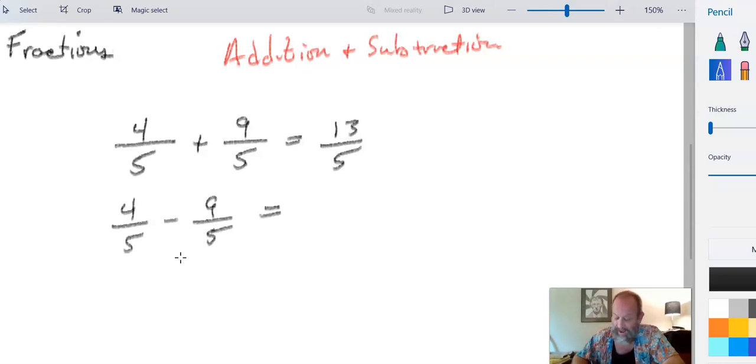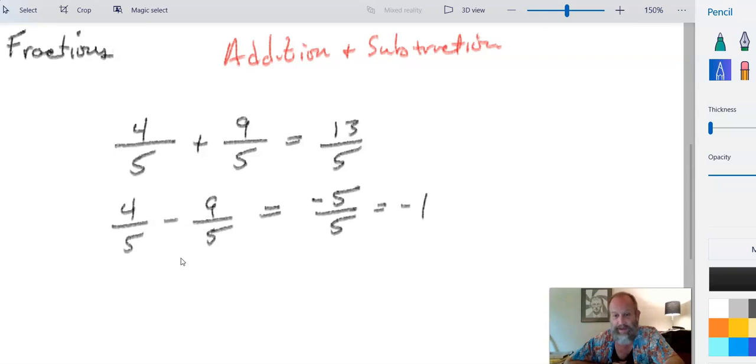In which case, I have 4 of these fifths and I'm taking away 9 of these fifths. If I do that, I end up with -5 of these fifths. And on top of that, that leaves me something I can reduce, right? Because -5 divided by 5 is going to be -1.